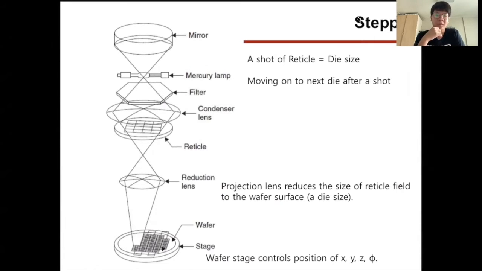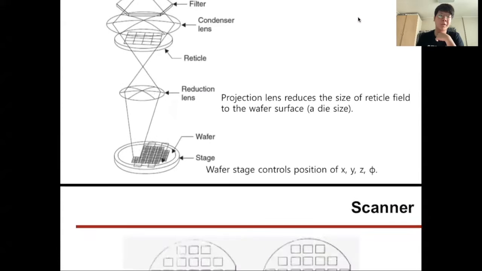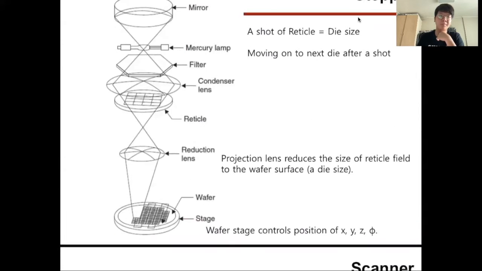To expose each die, we expose the wafer in one shot on one die. After we print the pattern of one die, we should move to the next one. However, this method has misalignment issues.